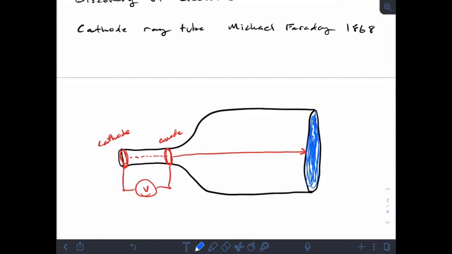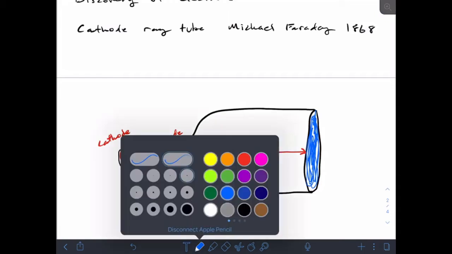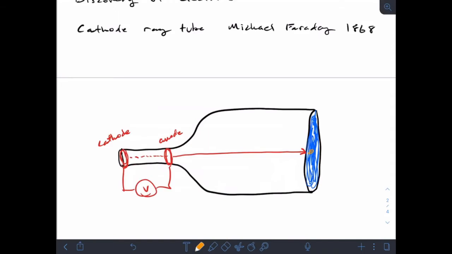What they found was when they hooked up this voltage source, they got a spot of light at the far end on the photosensitive material. For all intents and purposes, this beam was invisible to the eye, but they could see it when it hit the photosensitive material at the far end of the bottle.